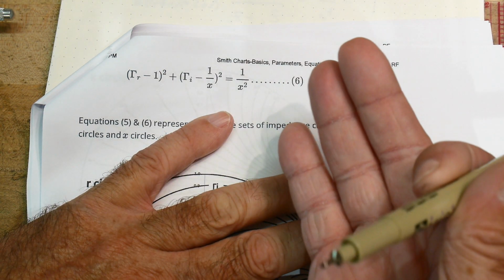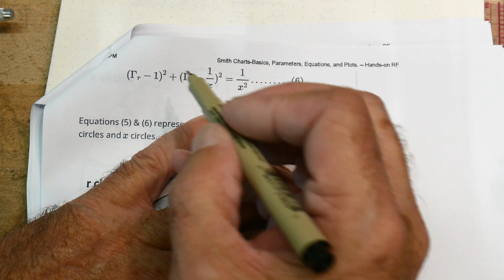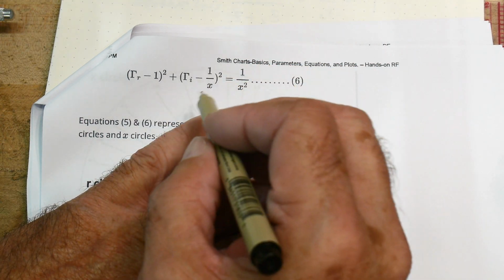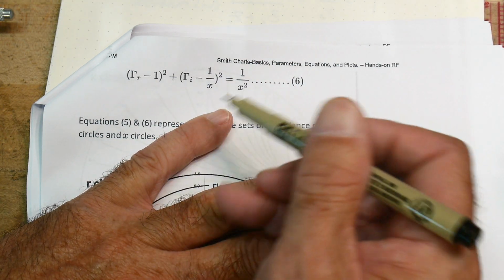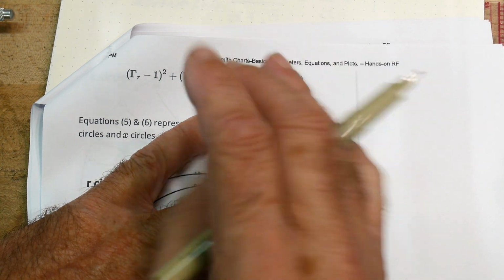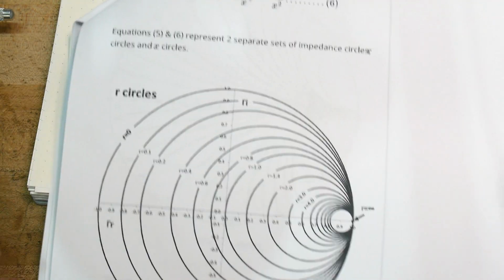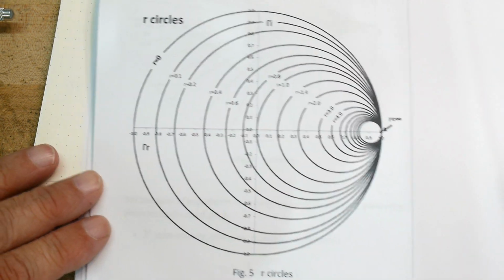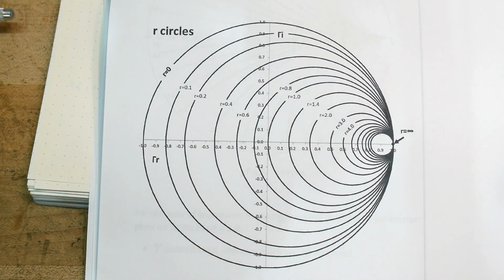So we have one set of equations for little r, and one set for little x: the real part of resistance, and then reactance. I'm going to show you this on a computer model that I put together, but we'll look at their graphs here first.